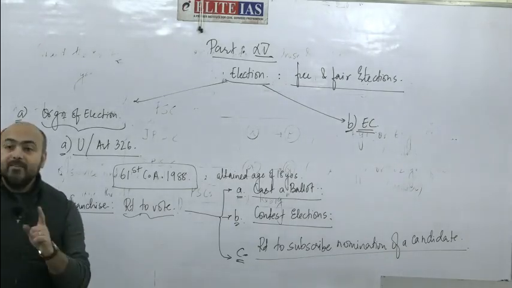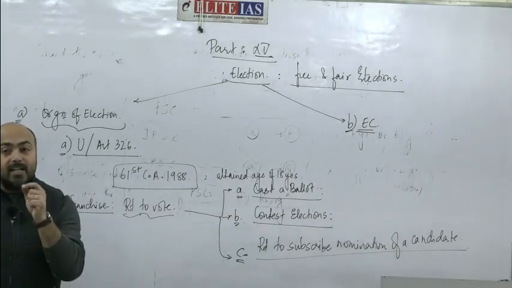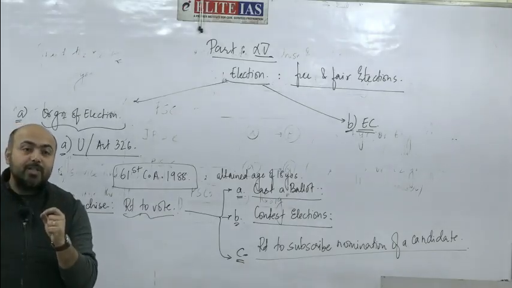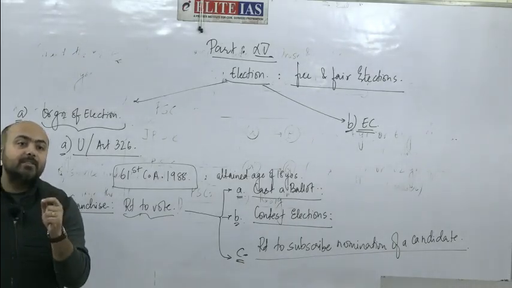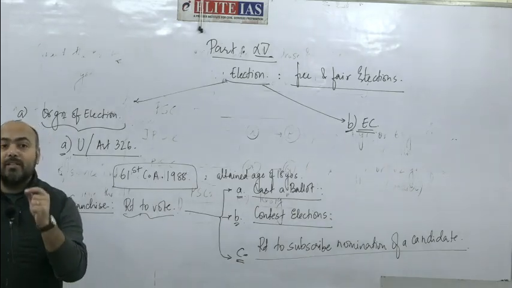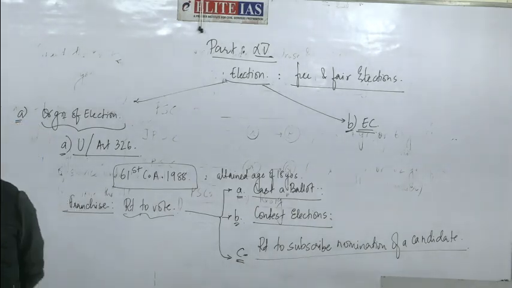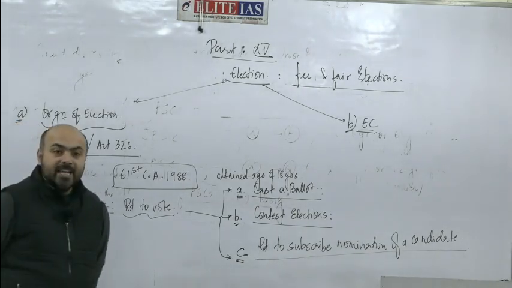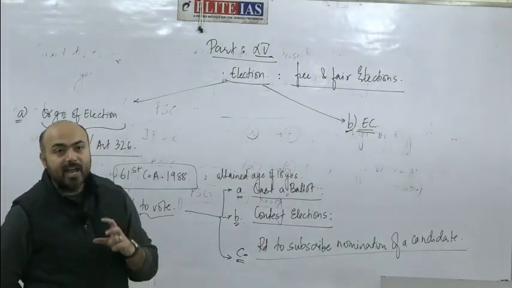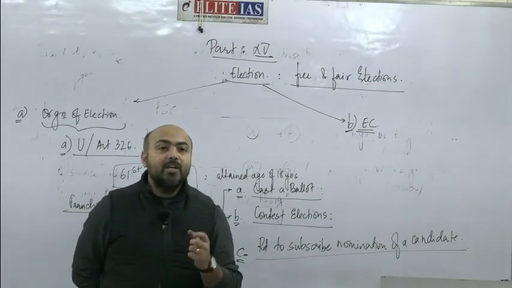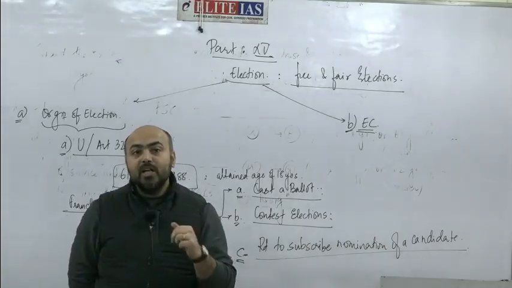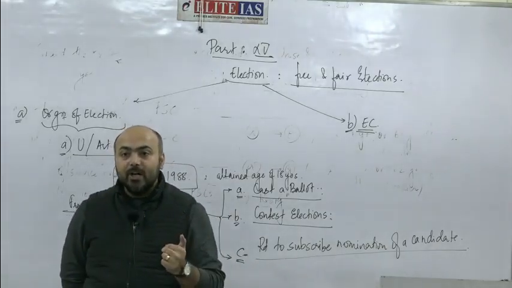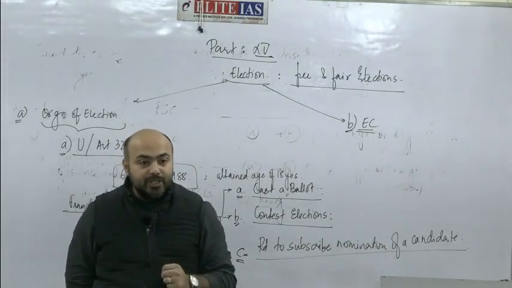The objective is that it is Article 325 of the Constitution which bans the communal electorate system in India. Any mechanism to introduce communal electorate in India will be considered unconstitutional.